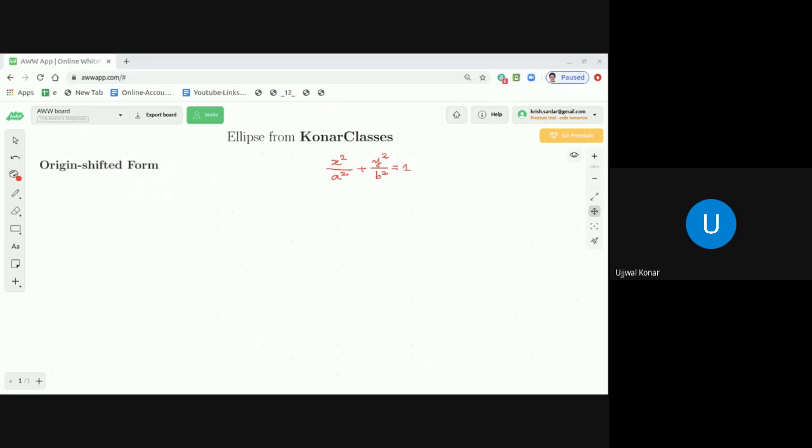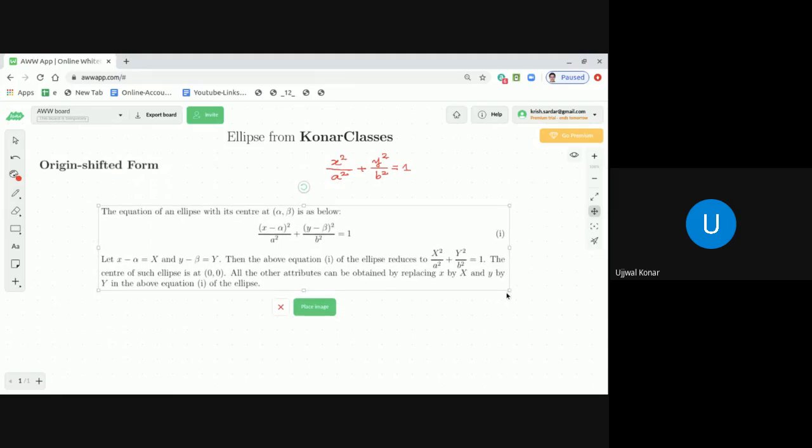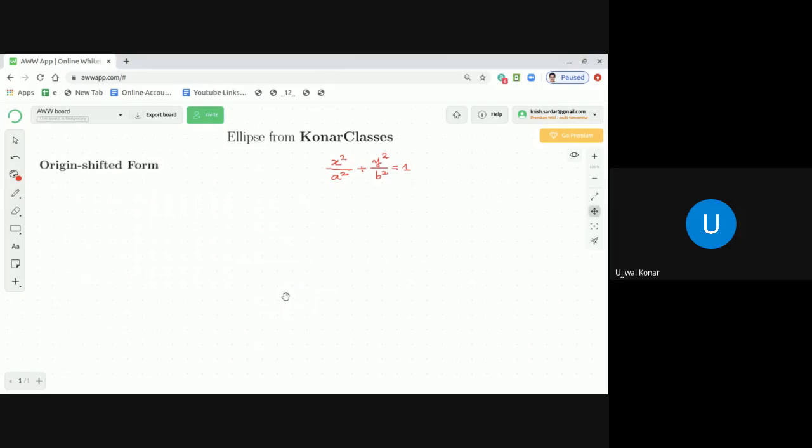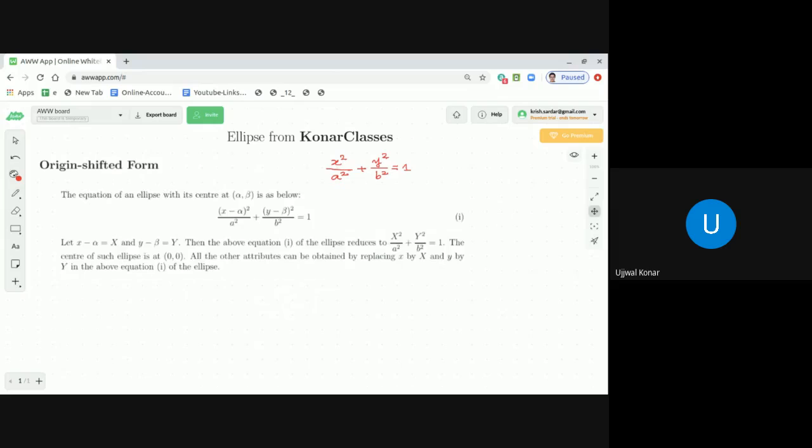The equation of an ellipse with its center at alpha comma beta is obtained like the following. I'm just going to write it here. The equation is x minus alpha whole square by a square plus y minus beta whole square by b square equal to 1.